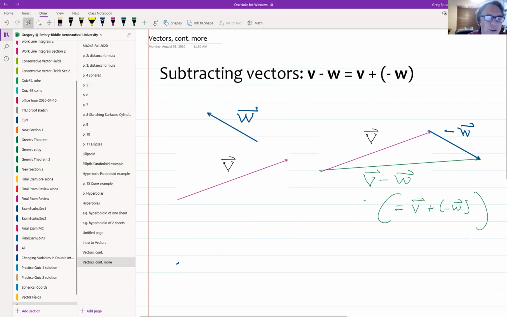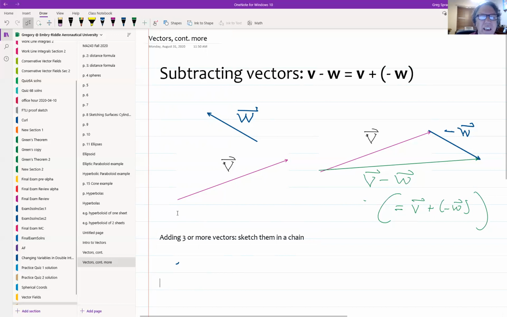Something I probably should have said before is you can add 3 or more vectors by connecting them in a chain. So let's define a third vector.